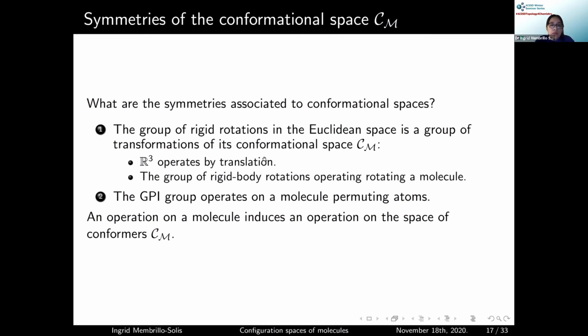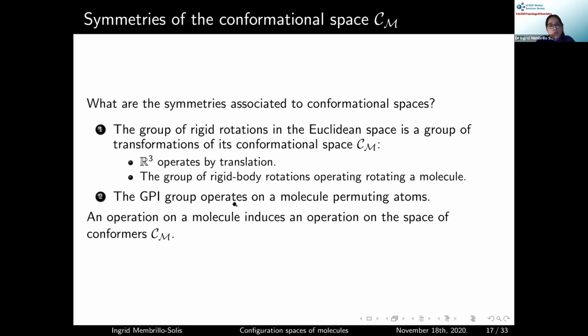This operates by translation on a molecule, so it will induce an operation on the conformational space. Also, the group of rigid body rotations operates by rotation of a molecule, which induces an operation on the conformational space. And the graph permutation inversion group operates, again, by permuting atoms.